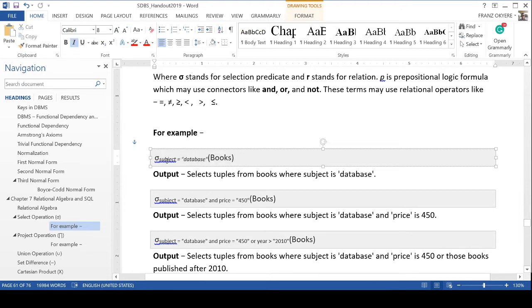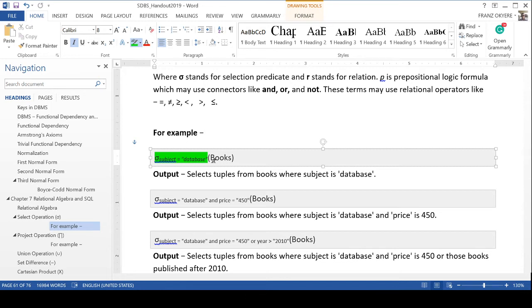We want to get books with a certain subject. Everything down here is called the propositional logic. In other words, it is the logic of what I want to select from books. Why do we not call it a table? It's not populated, so it is a relation.